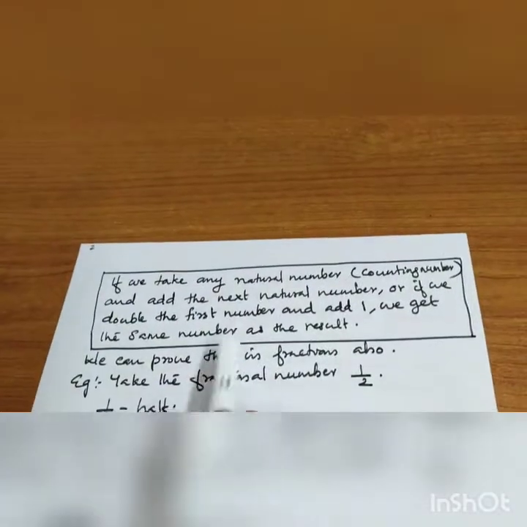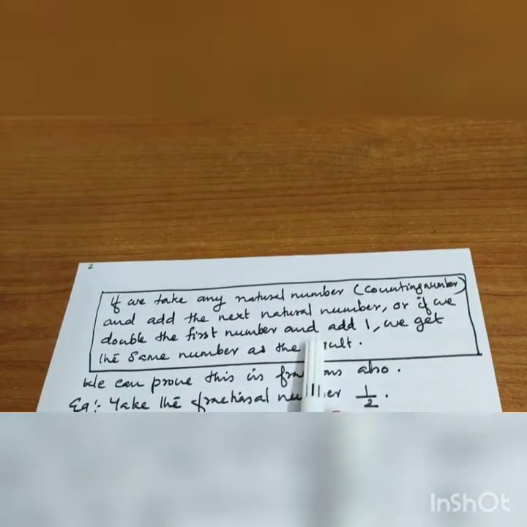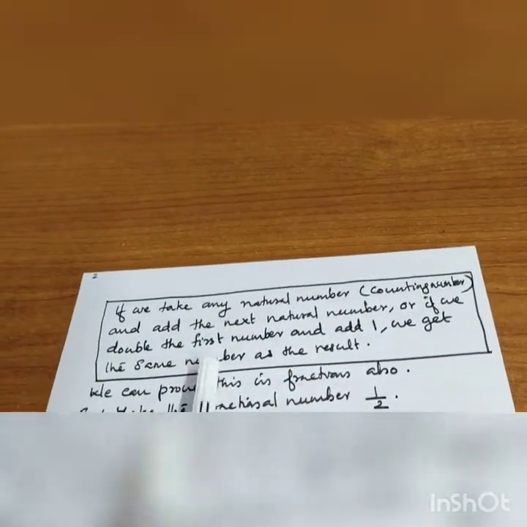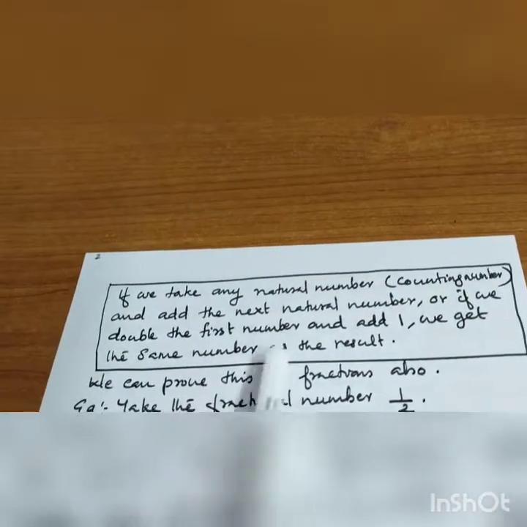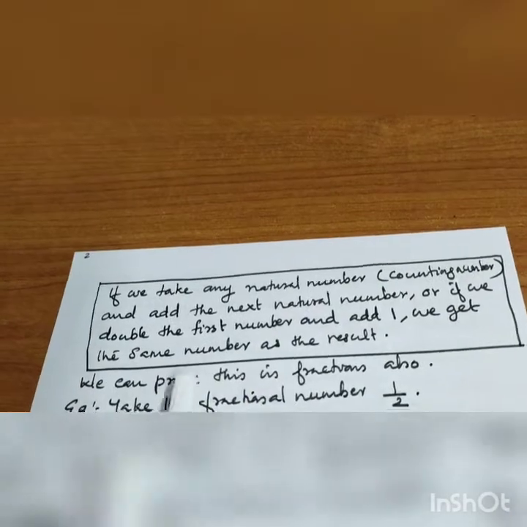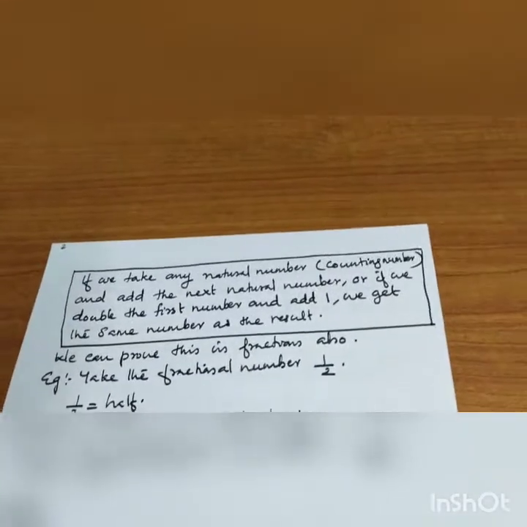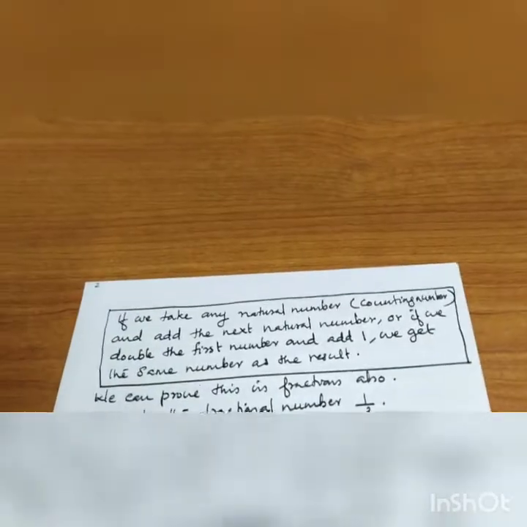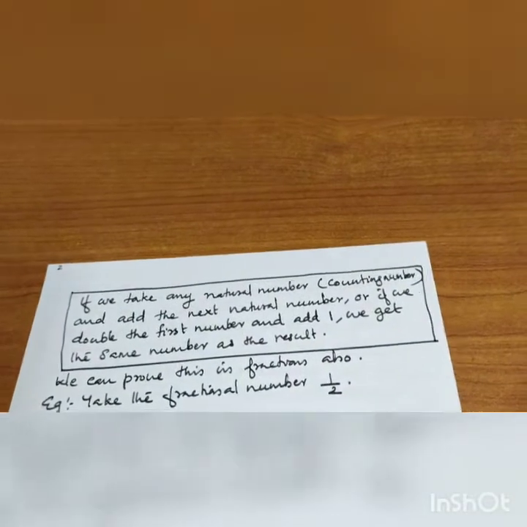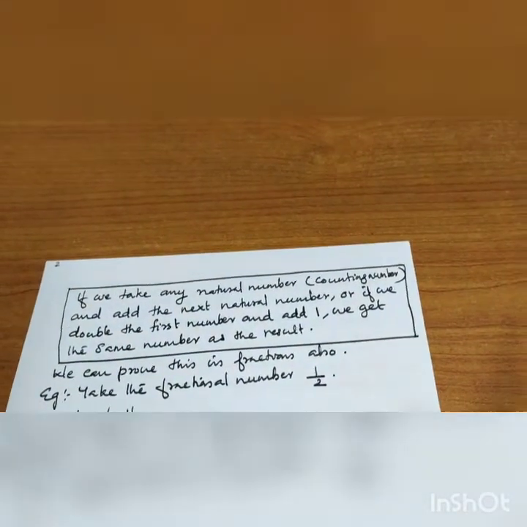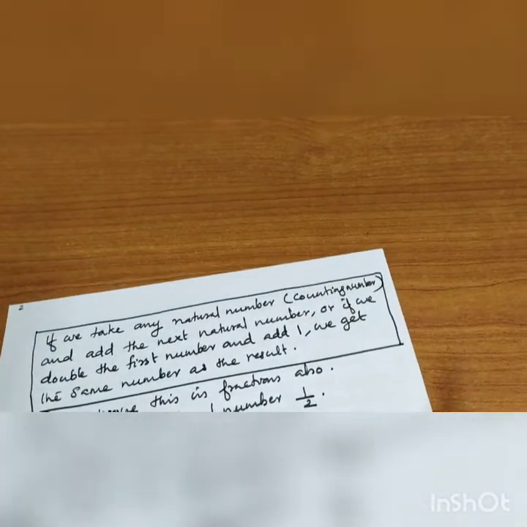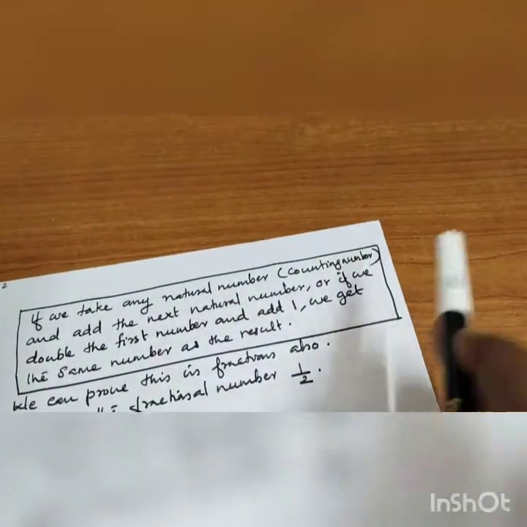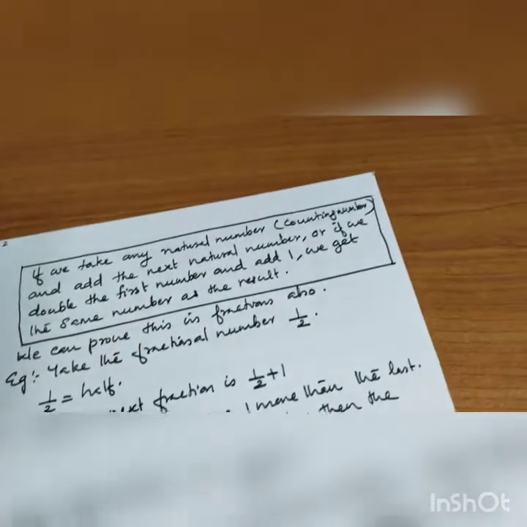We can say if we take any natural number or counting number and add the next natural number, or if we double the first number and add 1, we get the same result. That means when we add two consecutive natural numbers, then the sum is the same as twice the first number plus 1.